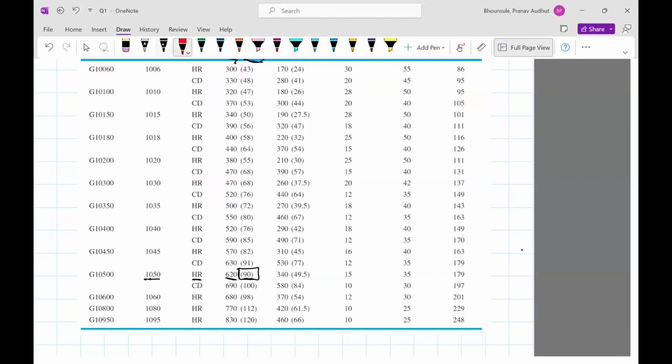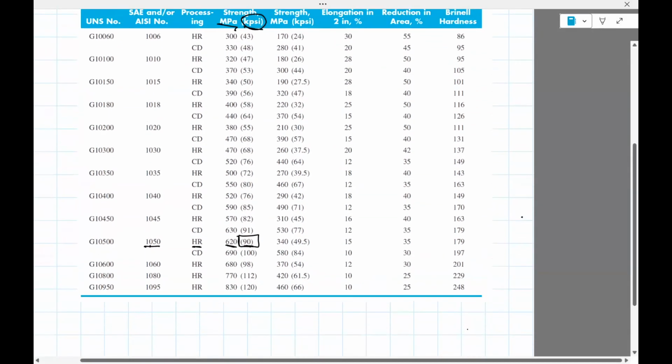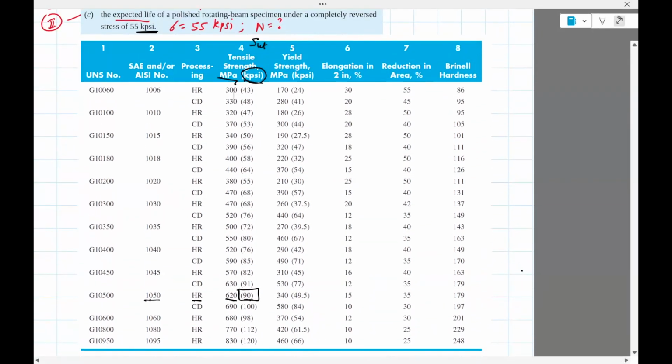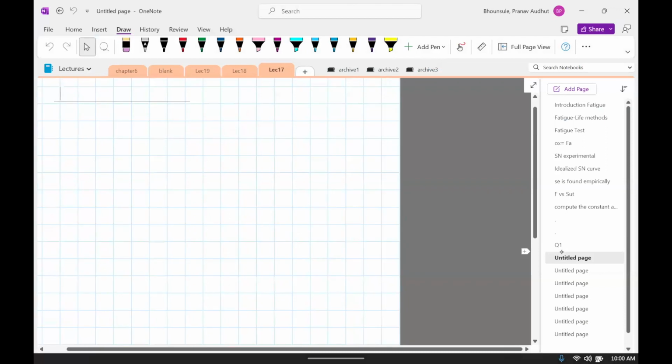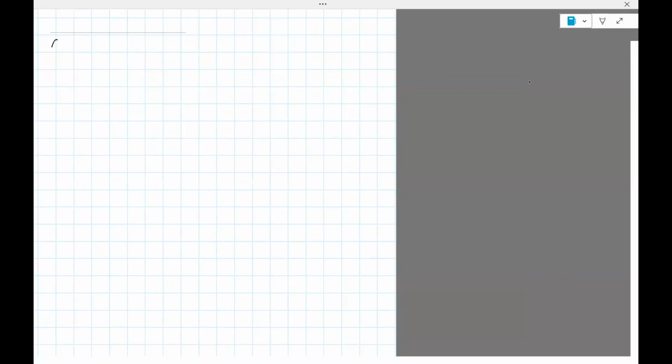So part A, SUT is 90 kpsi for H050 HR steel. That's the first step.